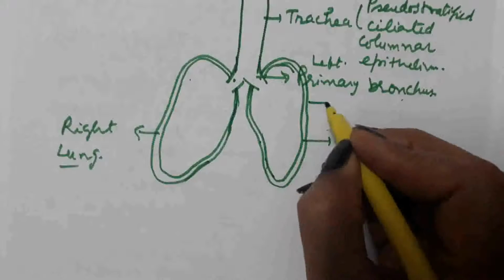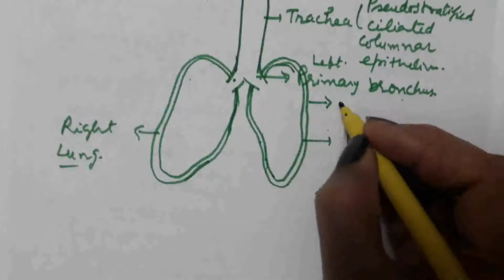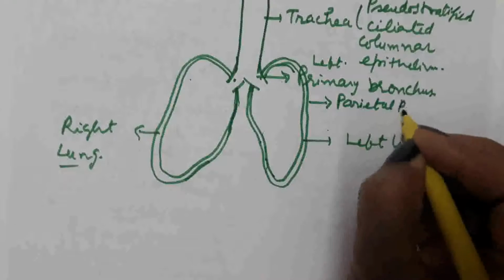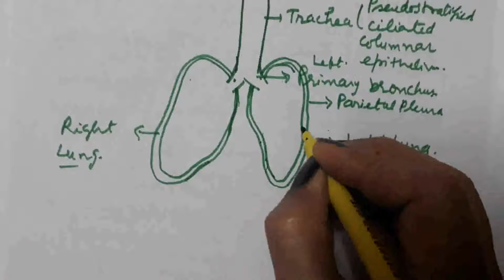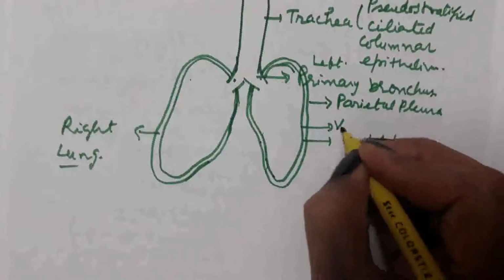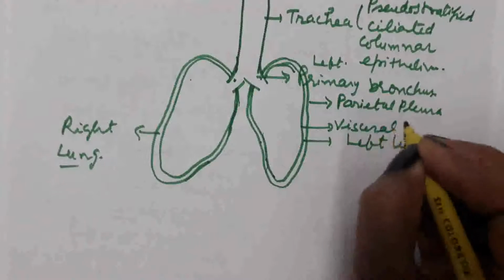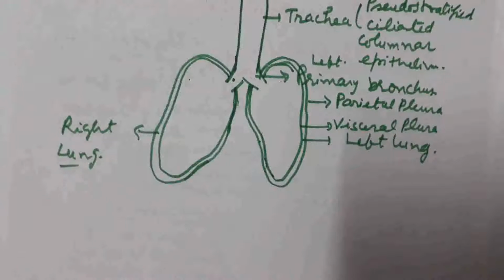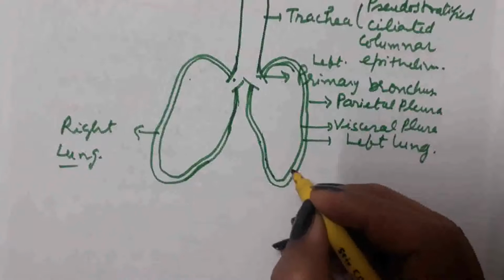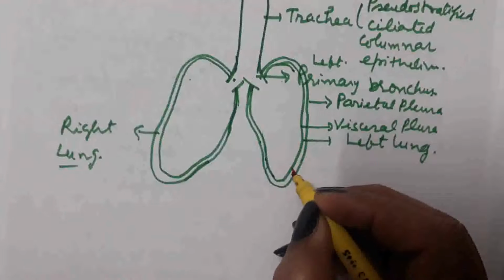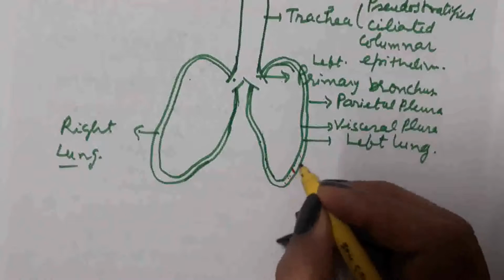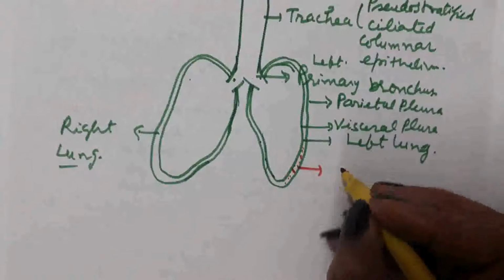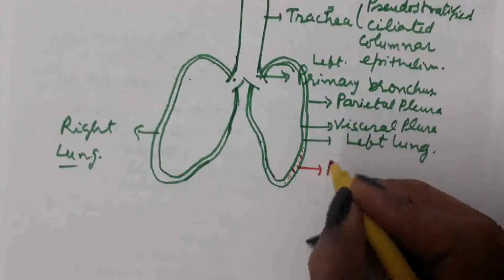The outer membrane is known as the parietal pleura, and the inner is known as the visceral pleura. In between these pleura there is a cavity known as the pleural cavity, in which there is fluid, and the fluid is known as the pleural fluid.